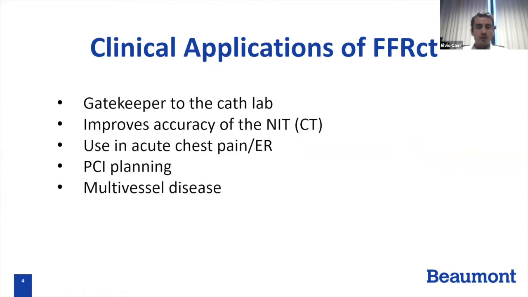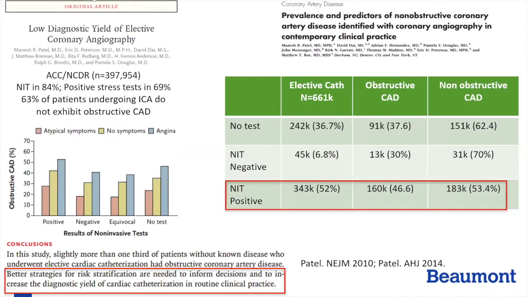Some of the applications that we use FFRCT for: we know from patients that undergo non-invasive stress testing and then end up in the cath lab, even among patients who have a positive stress test, so a positive stress nuclear, stress echo, stress PET, when they go to the cath lab, about 50% have obstructive disease and 50% don't.